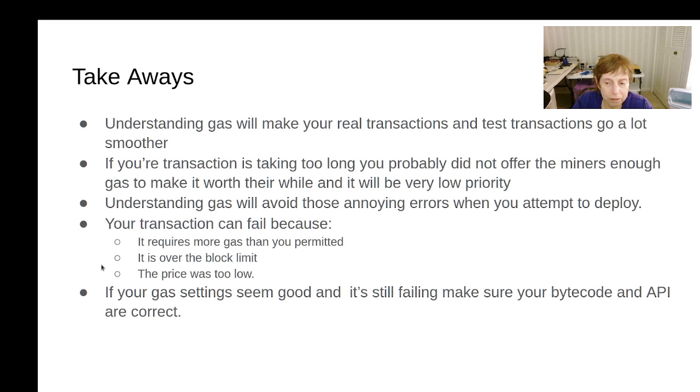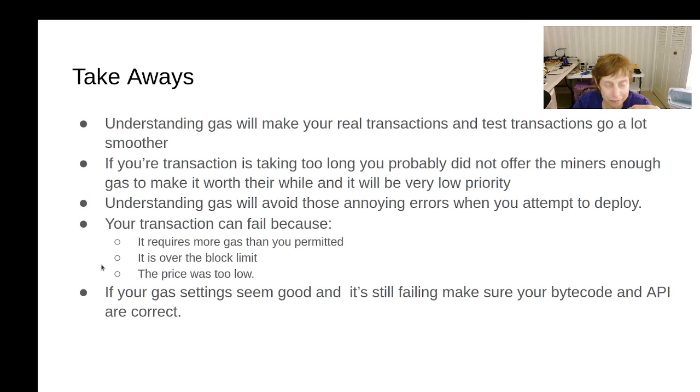But check, especially if you're mechanically giving it the bytecode and the ABI, which is what we were doing the other day for our ETH2 chain. The problem was that it did not have the right bytecode or ABI, and so it failed.